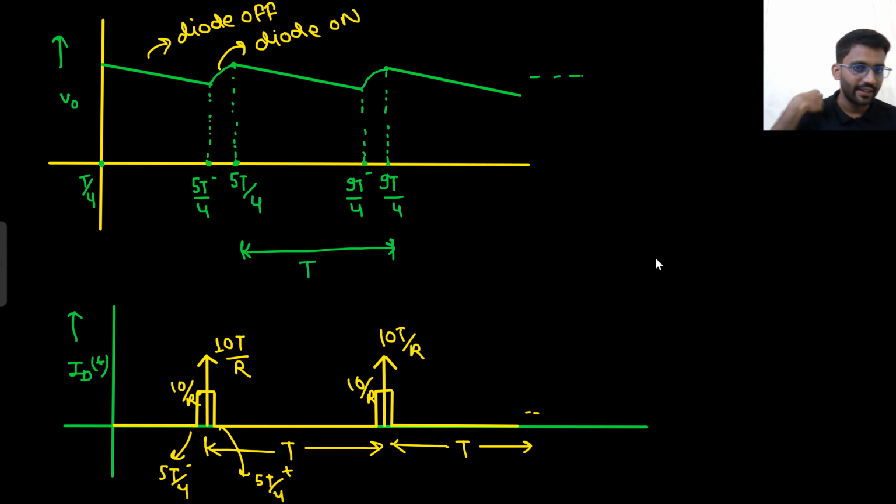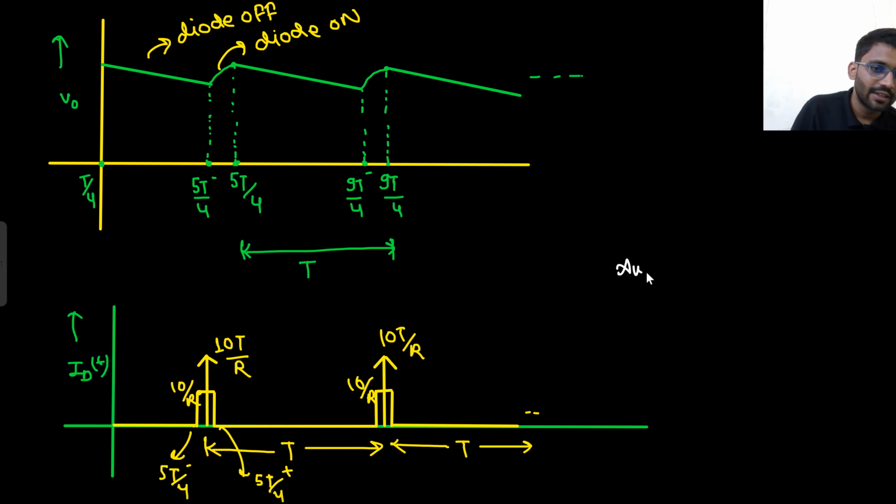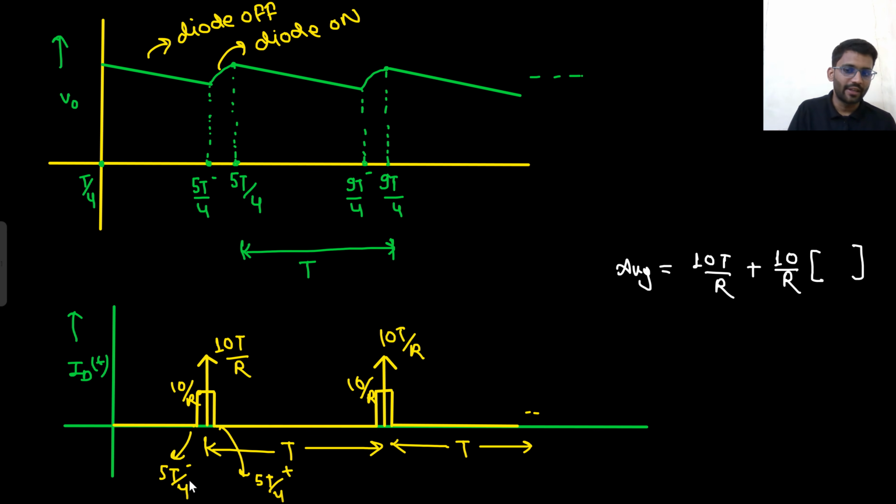Now you have to find the average. Average will be the total area. Area in case of impulse will be 10T by R, plus in case of resistor, the magnitude into the time window. What is the time window? 5T by 4 minus to 5T by 4 plus, nearly 0. Although there is a resistor current of 10 by R, the time window is very, very less.